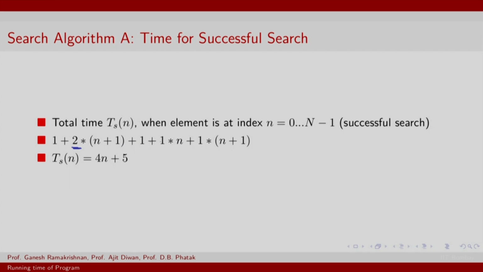This will be incurred n plus 1 times. You will also have the increment operating n plus 1 times. In addition, you have these costs associated with termination, the 1 and the 1. So overall you will find the cost to be 4n plus 5.